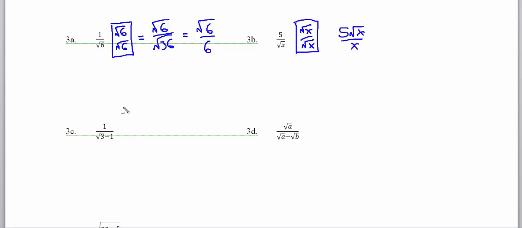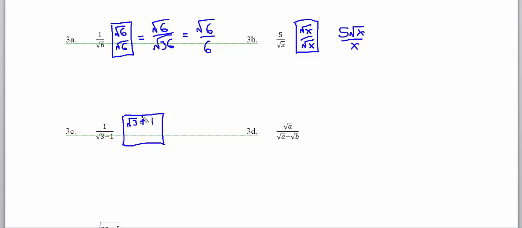But in part 3c, this is a binomial. You can't actually multiply the top and bottom by square root of 3, because then when you do your distribution, there'll still be a square root of 3 in the denominator. You can't multiply the top and bottom by square root of 3 minus 1, because it's just going to make a larger denominator. So what you have to do is use somewhat of a difference of squares technique.